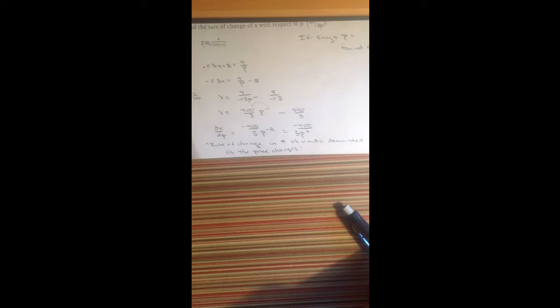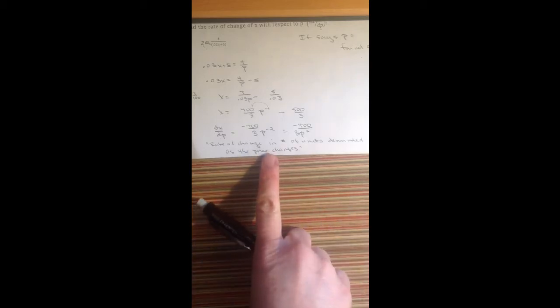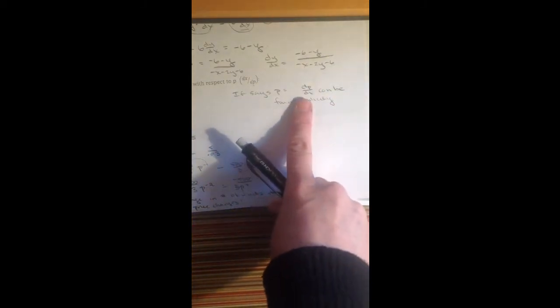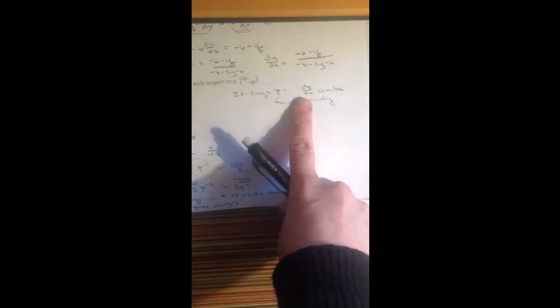So if I drop the price, is it going to make a big difference in how many units are going to be demanded? If I raise the price, will it make a big difference? It's an important thing for people to know, the rate of change in the number of units demanded as the price changes, as opposed to dp dx, which really makes no sense in economics, because that would be the rate of change of the price when I change the number of units demanded.